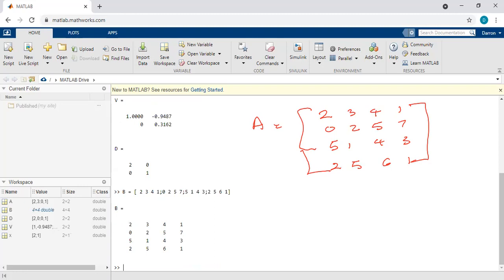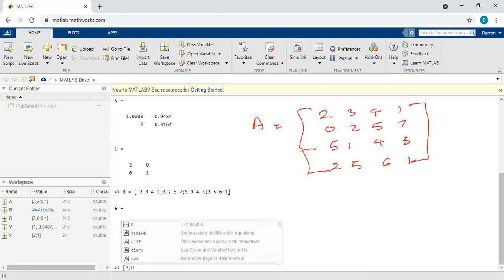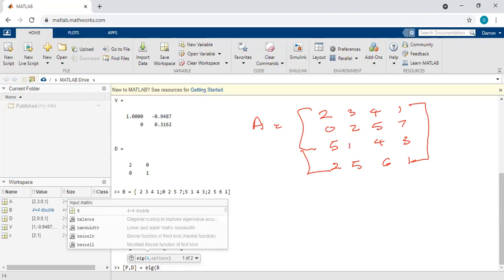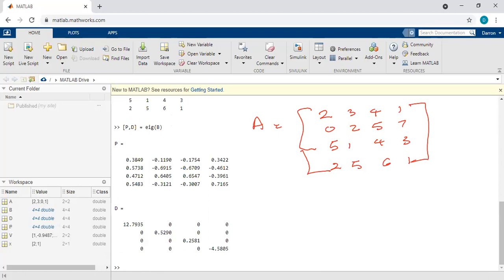Okay, so we would put in the V, let me call it not V, but P, because that's what we've been calling P, D equal EIG B. So the columns here are the eigenvectors and the eigenvalues are shown there.